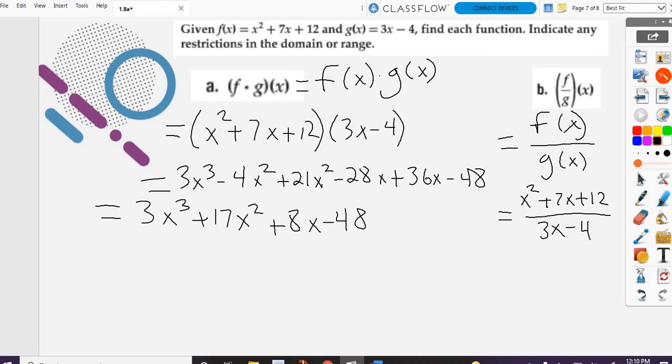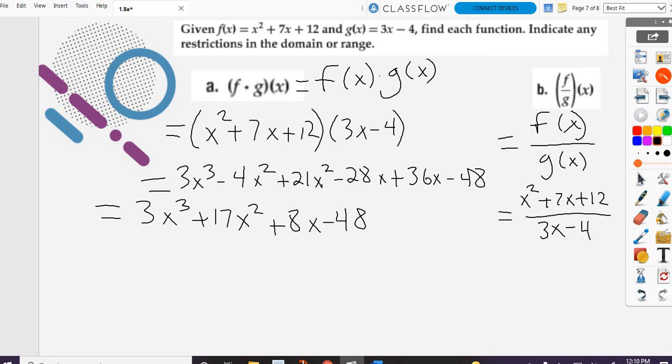If you wanted to factor the top, it would be x plus 3 times x plus 4. But notice that that doesn't reduce with the stuff on bottom. So it doesn't have to be factored in this case. However, again, we said f of x and g of x are polynomials, so they don't have restrictions. Okay? But what do we have here? The fraction.